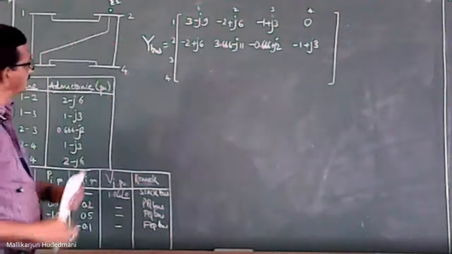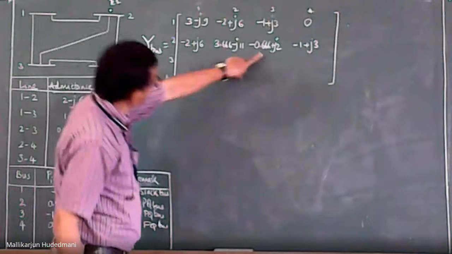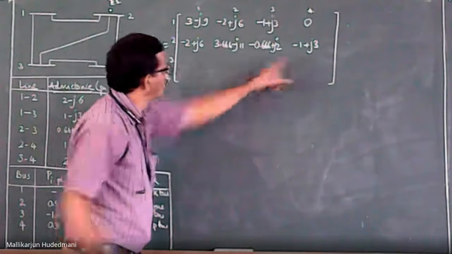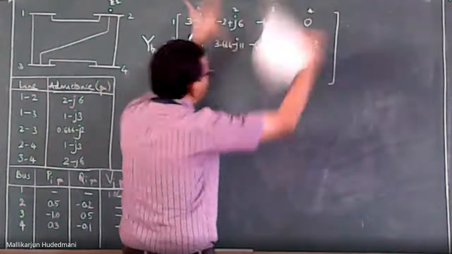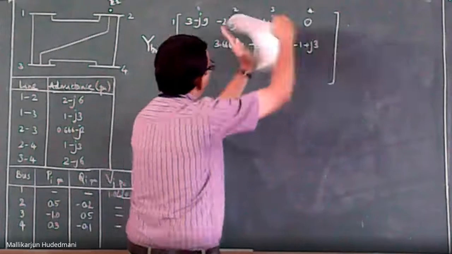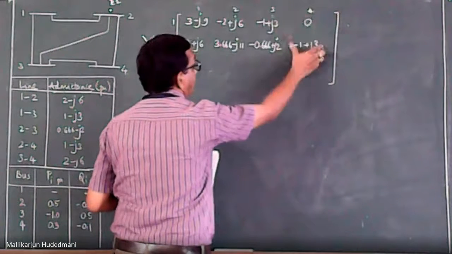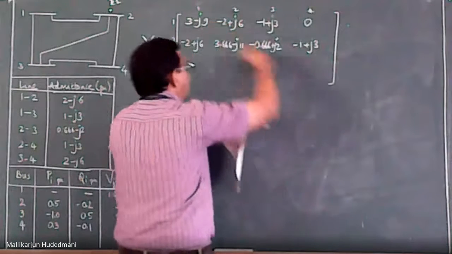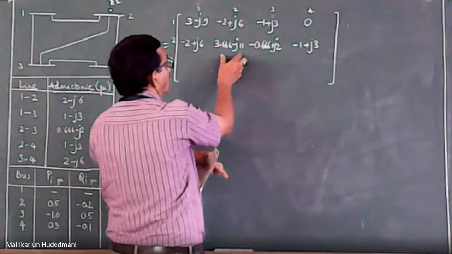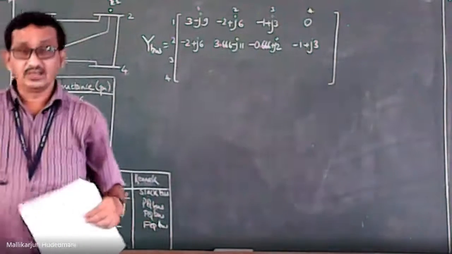You check this. You have lines 2 to 1, 2 to 3, 2 to 4. These data are negative, negative, negative. If they are real positive, positive, positive, you add them and it becomes the diagonal. Negative, negative, negative means they are called off diagonal elements in the matrix.